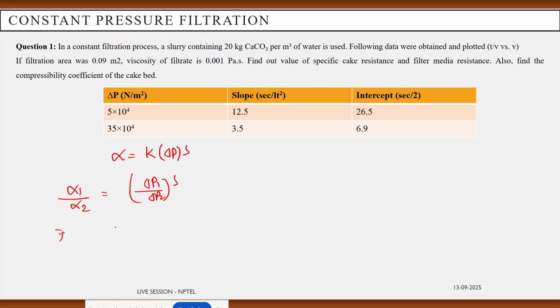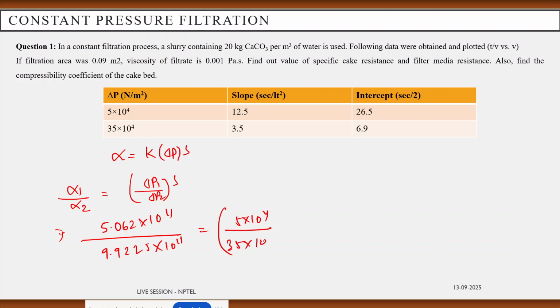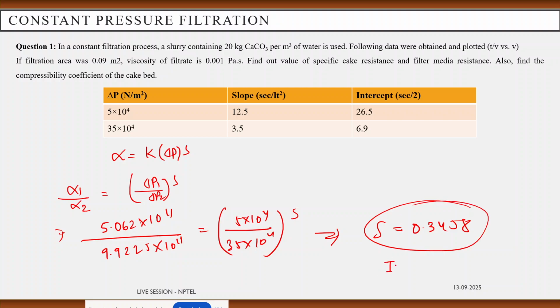So here alpha 1 you have already calculated, 0.62 into 10 to the power 11. Alpha 2 you can calculate and you can have this value. Del P1 is 5 into 10 to the power 4, del P2 is 35 into 10 to the power 4, and when you solve you will get s equals 0.348, which represents this is incompressible.